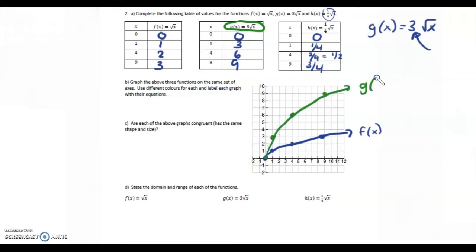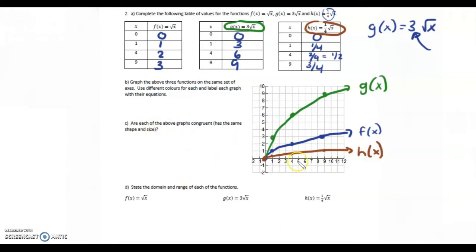Okay, so that's going to be our g at x. And then I'm going to do the last one, h at x, in red. So 0, 0, a quarter, 3 quarters. Oh, that's a half, and that's 3 quarters. So this is going to be h at x.